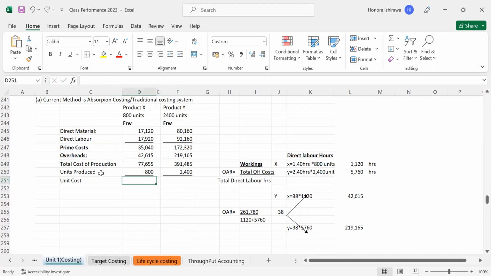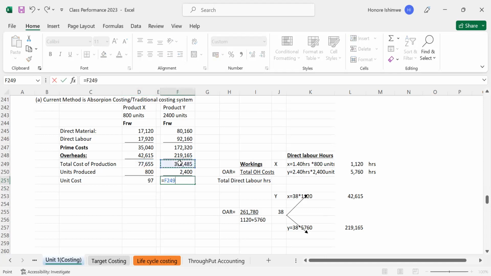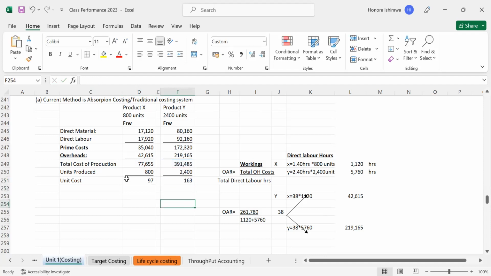Our unit cost will be the division of this divided by this, which is 97, and here it will be this divided by this, which is going to be 163. So this is our unit cost that the examiner was requesting.